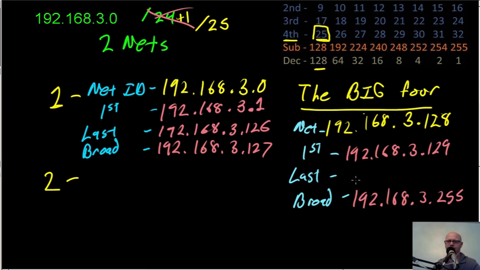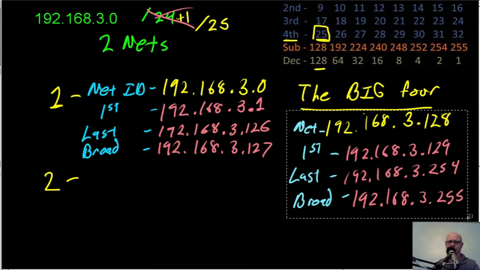All right. Now, our last usable is 192. Well, first off, think about what I said the first time about what our last usable is. It's the broadcast minus 1, right? So our broadcast here is 192.168.3.255, minus 1 is 192.168.3.254.